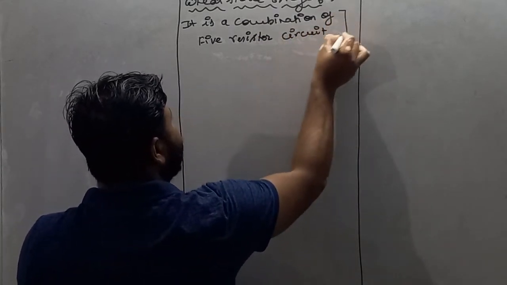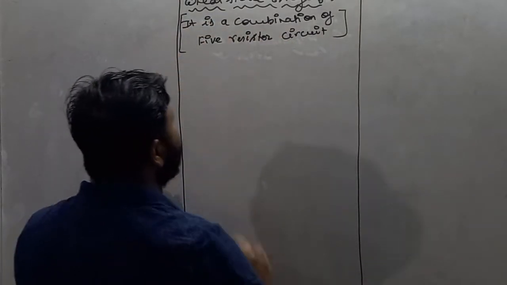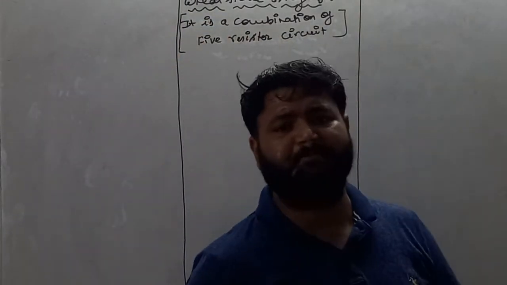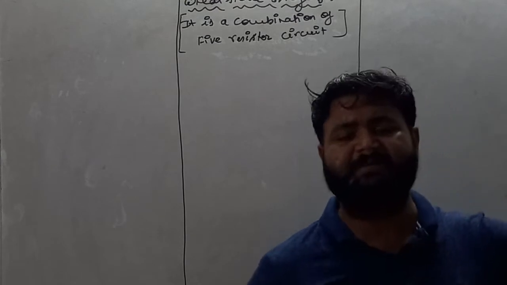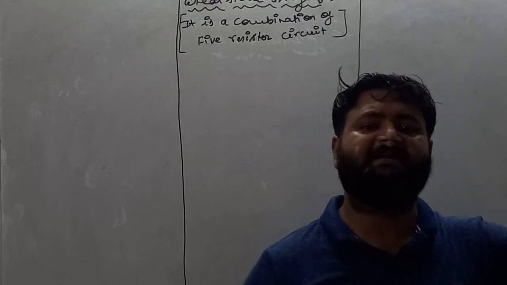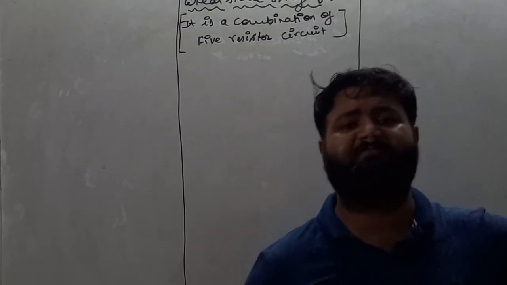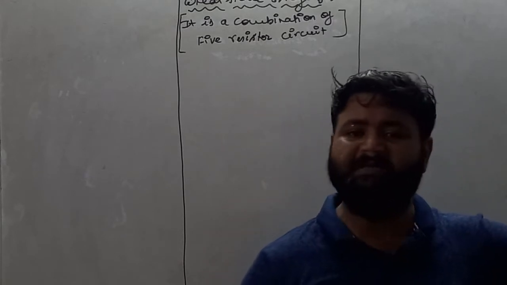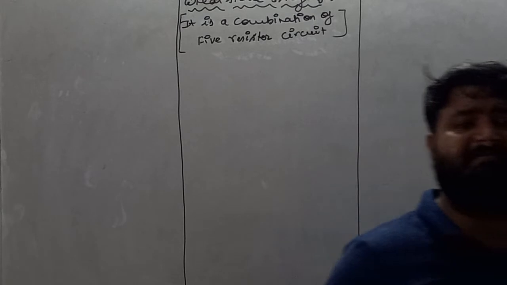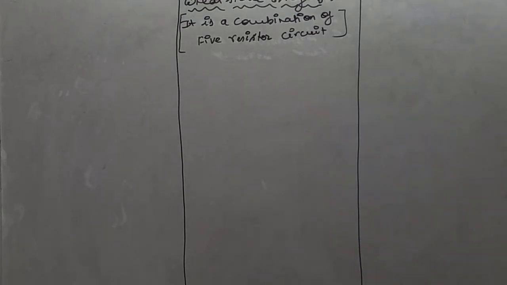Nothing very difficult in this circuit, my dear student. Basically Wheatstone is a person who gave an arrangement of circuit, and in that circuit 5 resistors are present. That combination of 5 resistors is called Wheatstone bridge. So write down another definition of Wheatstone bridge: it is the combination of 5 resistors.